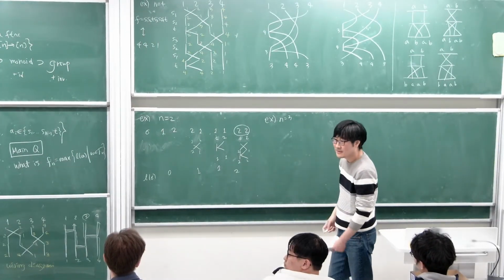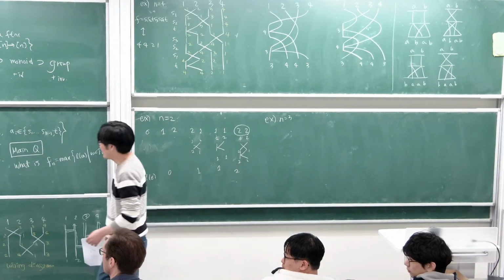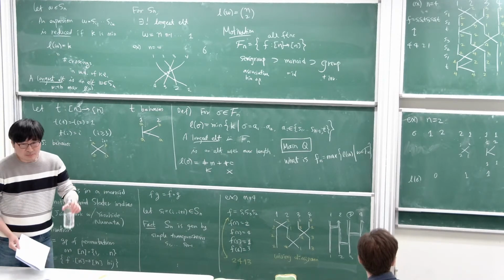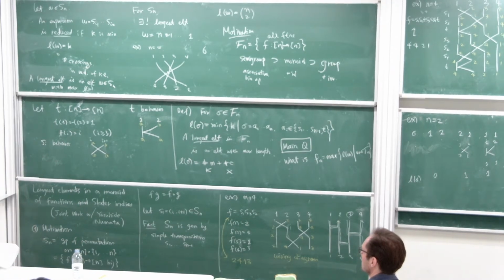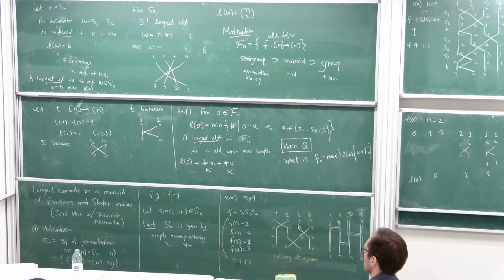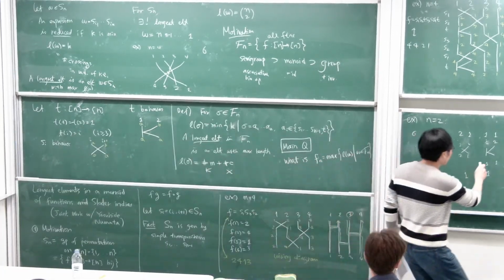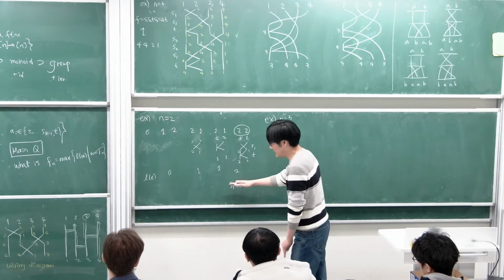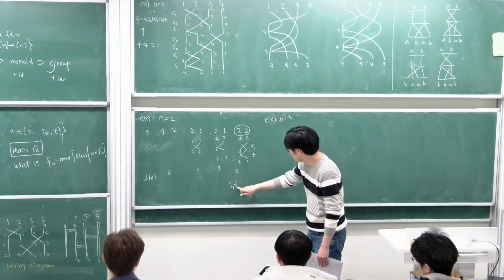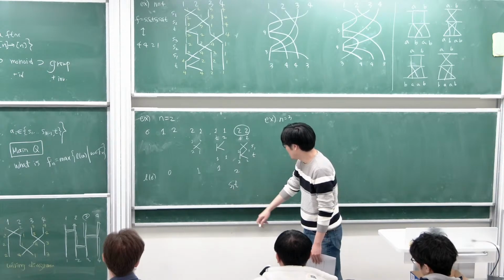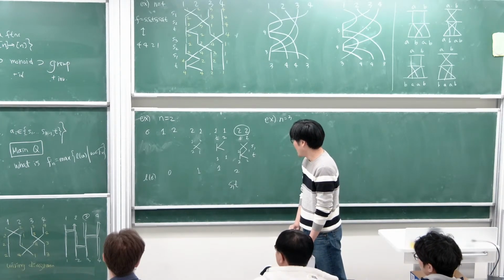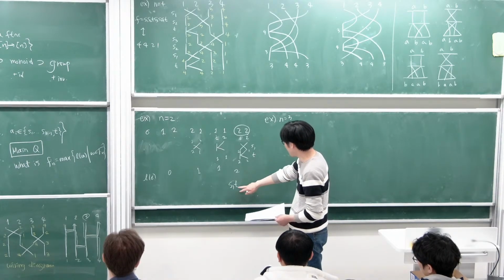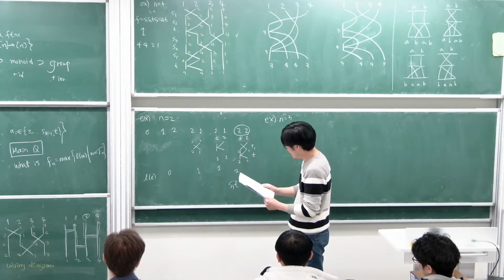I'm slightly confused. Yeah, the thing that I'm confused about is the order of the product. For instance, the last one. Yeah, this is S1T, so we have to read this way. So 1 goes to 2. If 1 comes in, then T gives you 1, and then S1 gives you 2. And if 2 comes in, then 1.